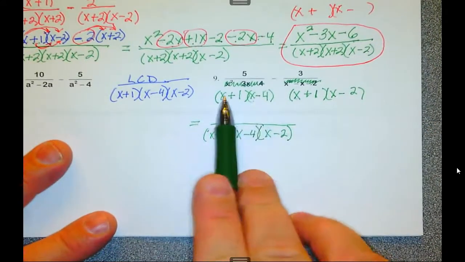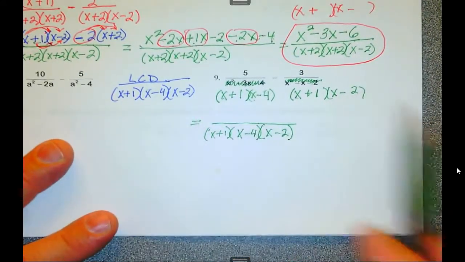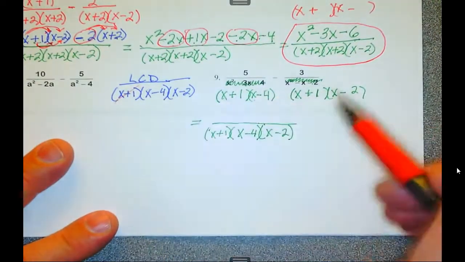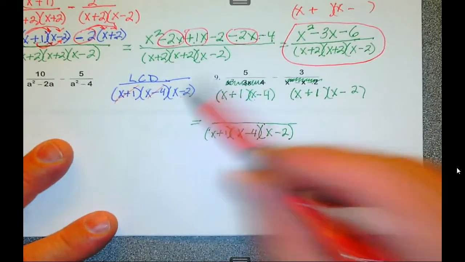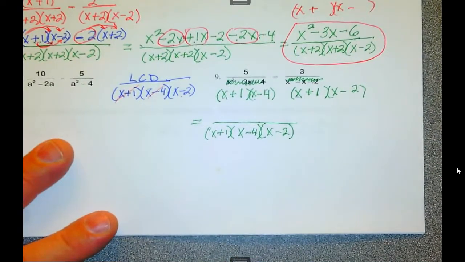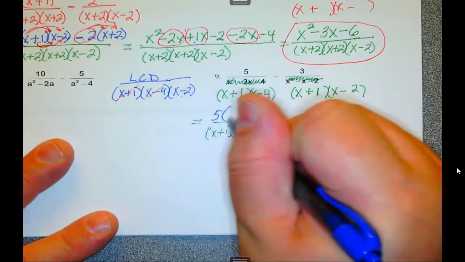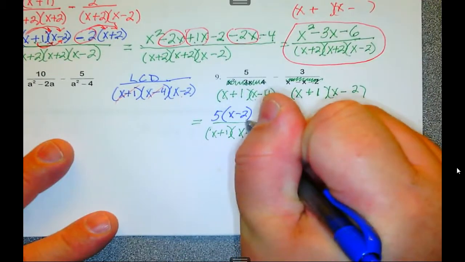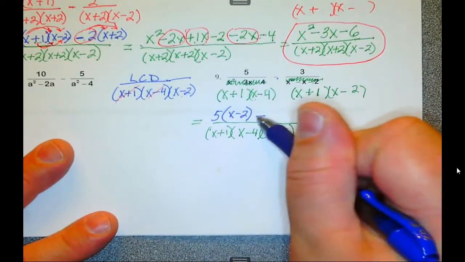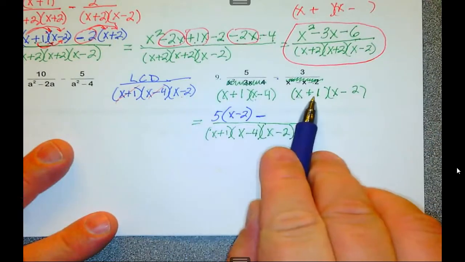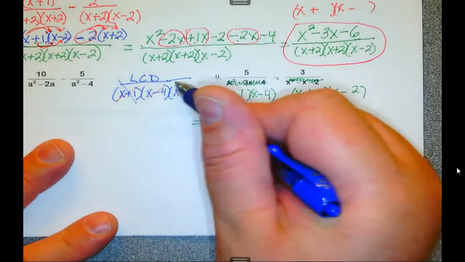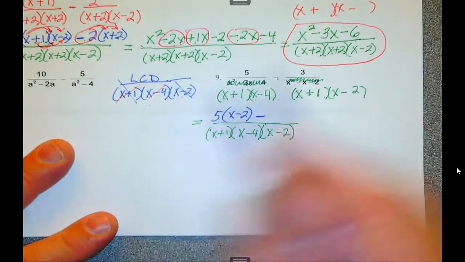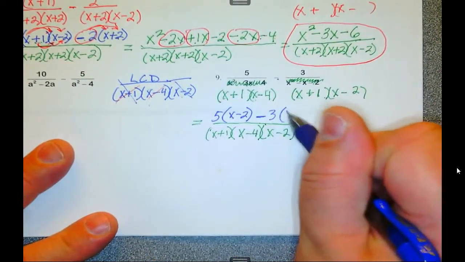Okay, this first fraction, let's see, I've got an x plus 1 and an x minus 4, so I need to multiply that 5 by, yep, 5 times x minus 2, minus, let's see, this time I have an x plus 1 and an x minus 2, so I have to multiply that 3 by x minus 4.